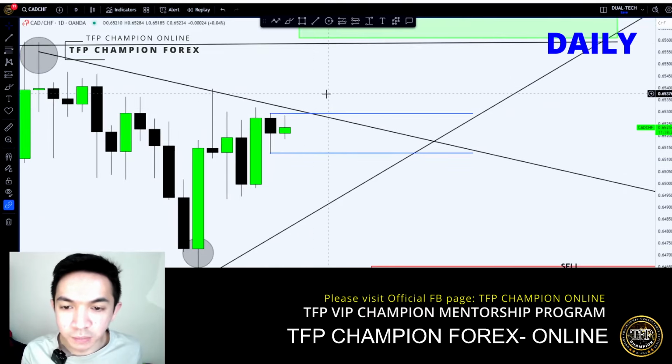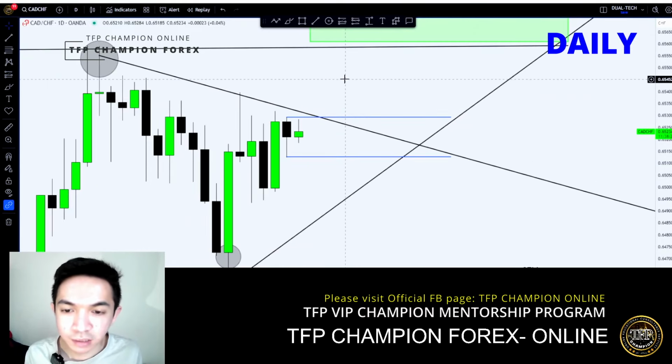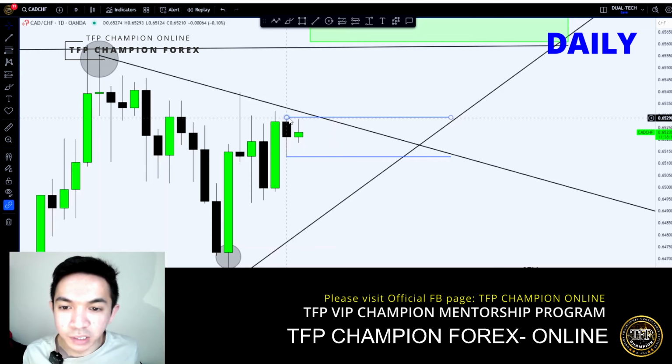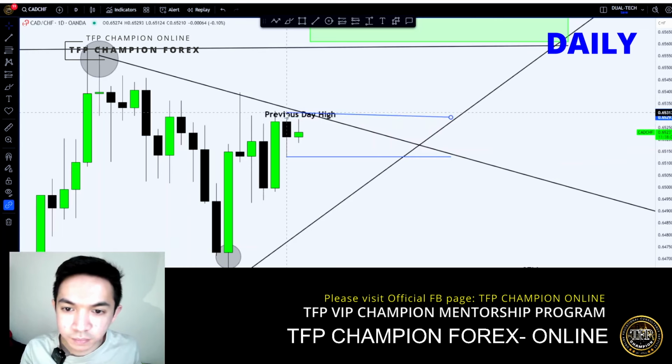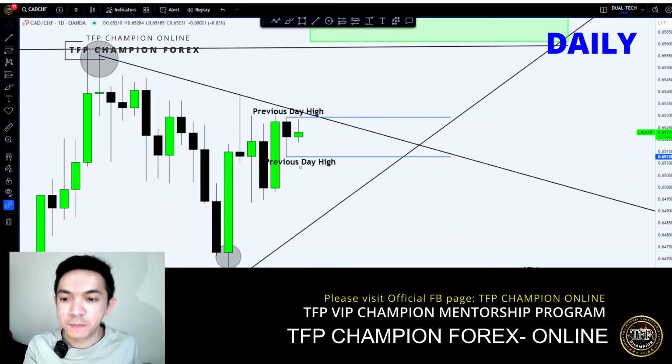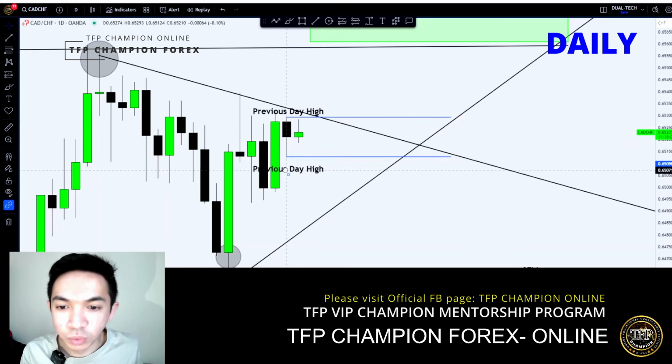So, ibig sabihin yan, for daily time frame, okay, for this perspective, I am now within this range for a high and low, previous day high and previous day low. Okay?